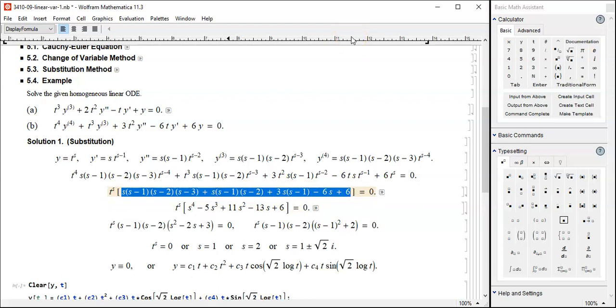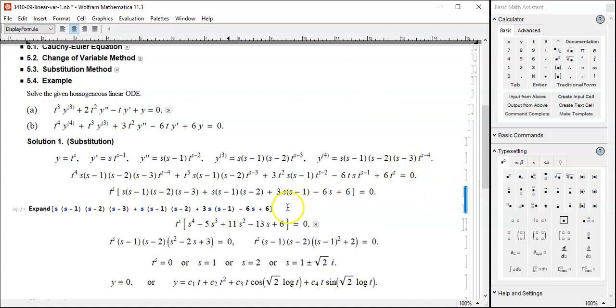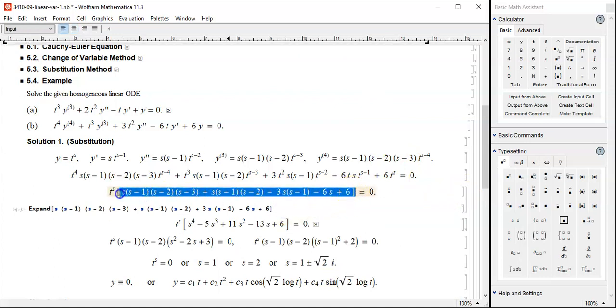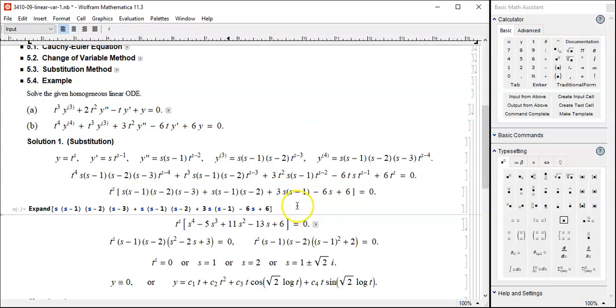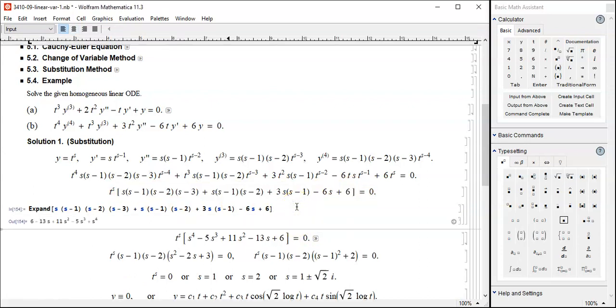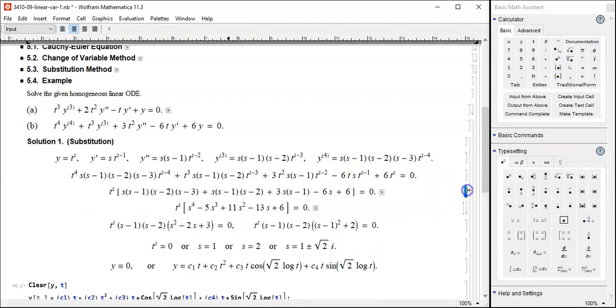And simplifying all that, well, that's not a fun thing to do, so I cheated. I used a Mathematica command. I copied and pasted this part, and I asked Mathematica to expand this. So that's how I get this quadratic polynomial here. But then again, expanding is not that bad. Factoring is bad. How do you factor this?